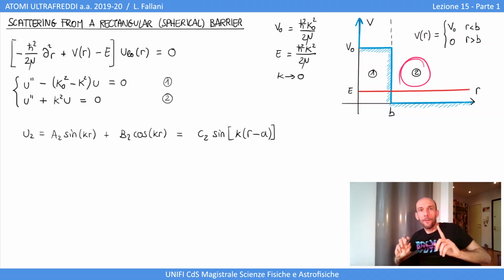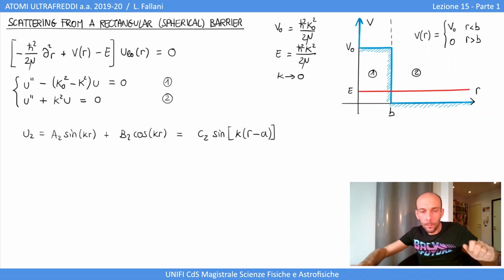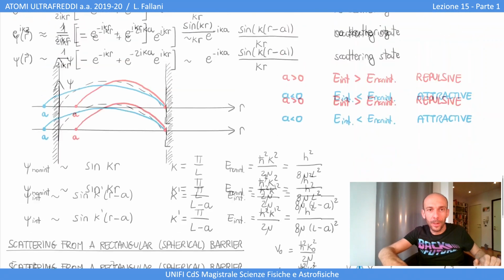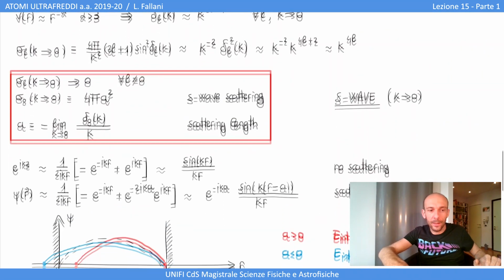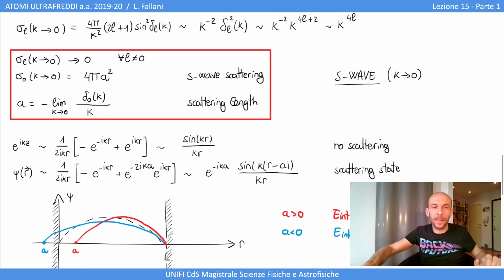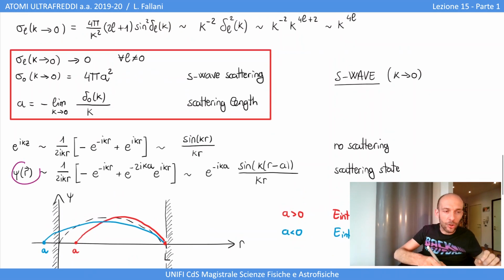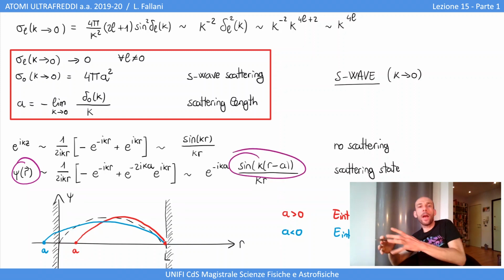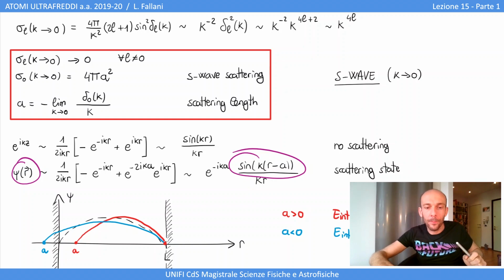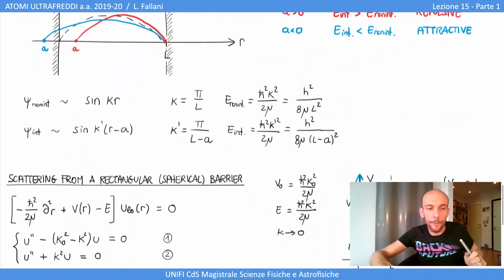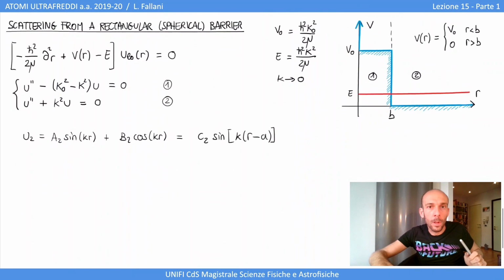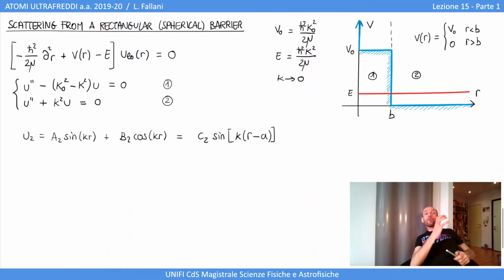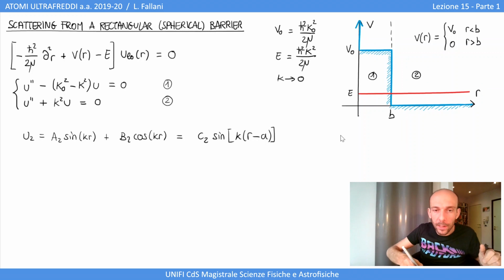Because if I go up and remind you the meaning of a scattering length, we have seen that basically the scattering state at large distances can be written as a sine of k times r minus a. So that a that I have indicated now in the expression for the radial wave function in the outside region has, of course, the meaning of a scattering length.